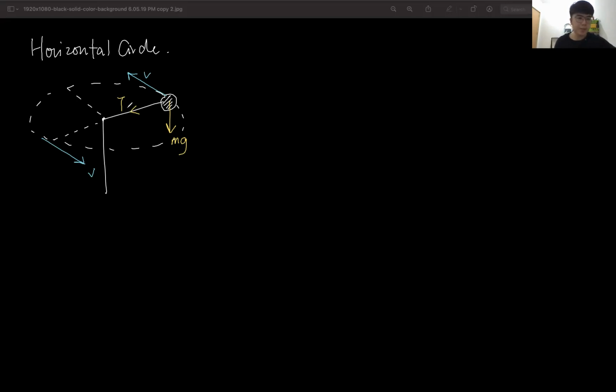Resultant force is just from the tension. There's no surface, there's no friction, nothing. So just tension. That means tension is the centripetal force. Tension is Fc. It is the net force. So T equals Fc equals mv squared over r, or you can do the other one, m r angular velocity squared.